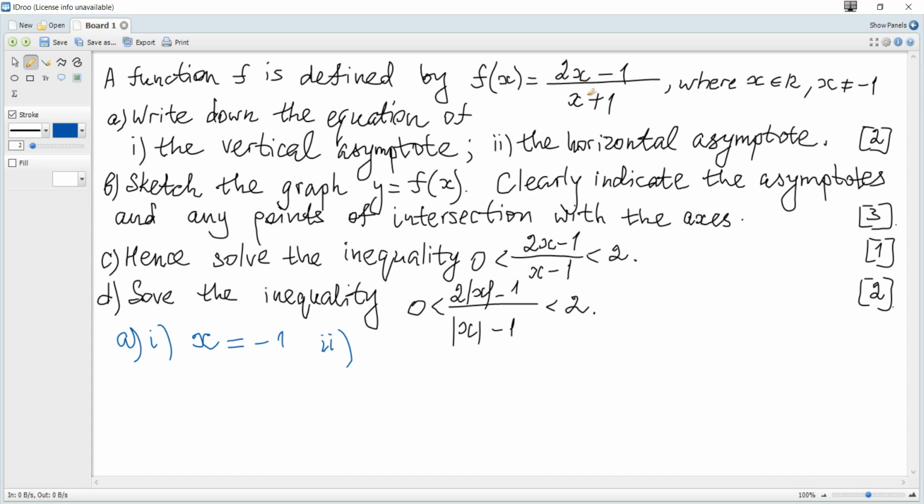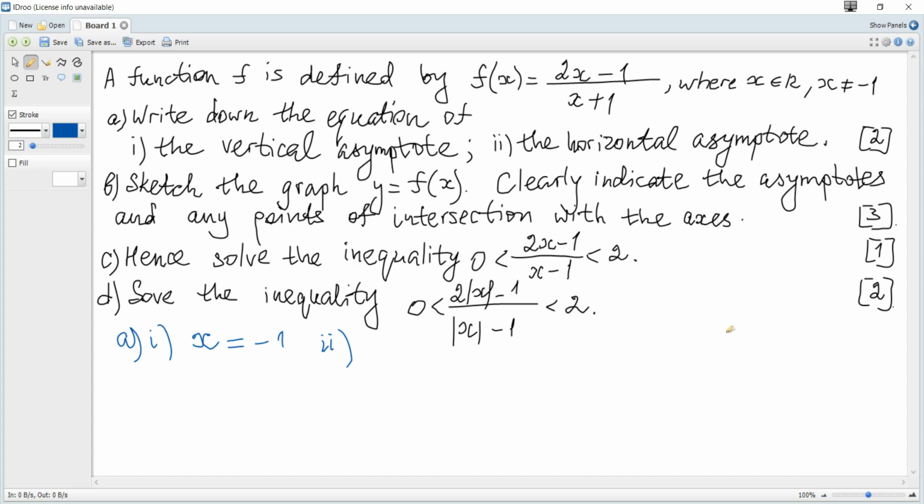When the greatest power in denominator is greater than in numerator, then denominator increases faster and y tends to 0, and there will be horizontal asymptote y is 0.